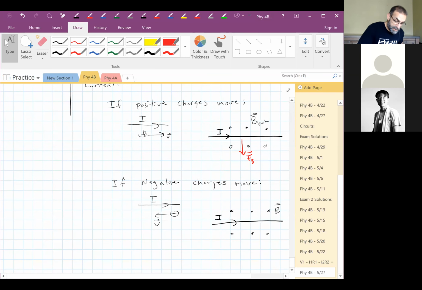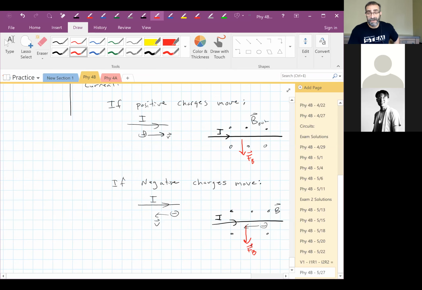If a negative charge is moving to the left, V cross B is toward the top of the page, but it's a negative charge, so we get the same direction.